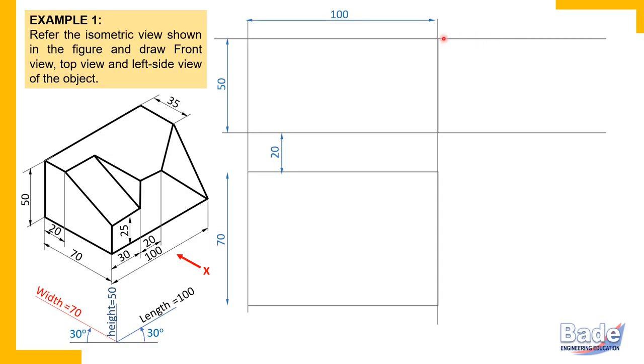Now, which two dimensions do you get in the side view? Remember it in this manner: height vertically and width horizontally. Not length horizontally. So length does not appear in the side view. In the side view, you get height vertically and width horizontally.